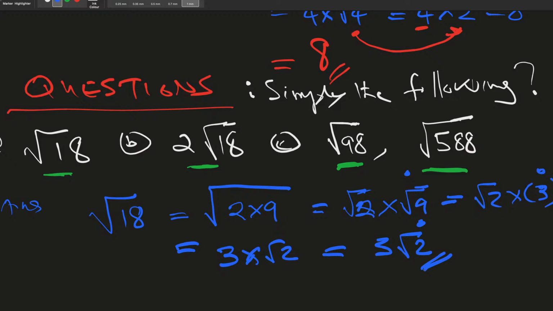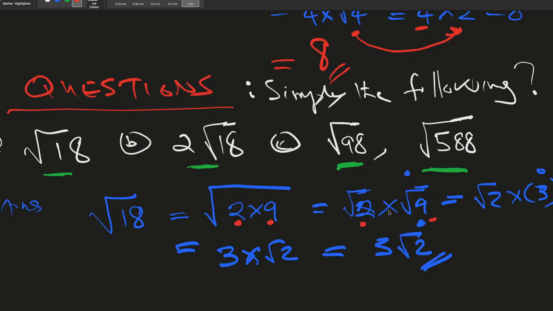So you see, friends, what did we do? We divided 18 into 2 and 9, and we know that multiplying these two numbers, 2 and 9, will give us 18. After that, we expanded the root. We see root 2 and root 9, so we separated them. Now we realize that we cannot find the square root of 2, so we maintain it.